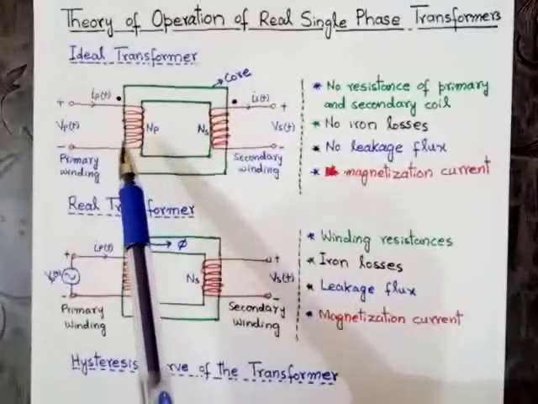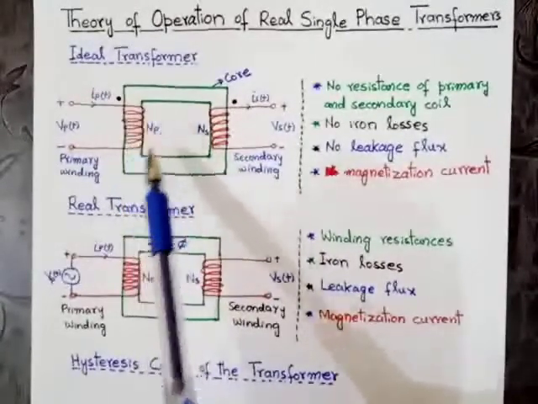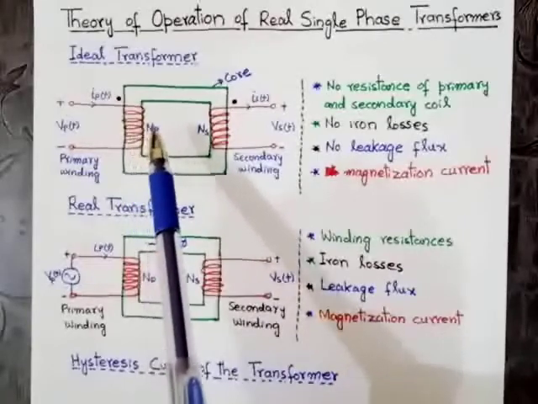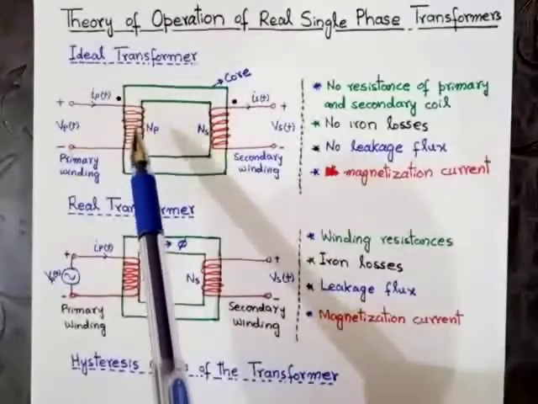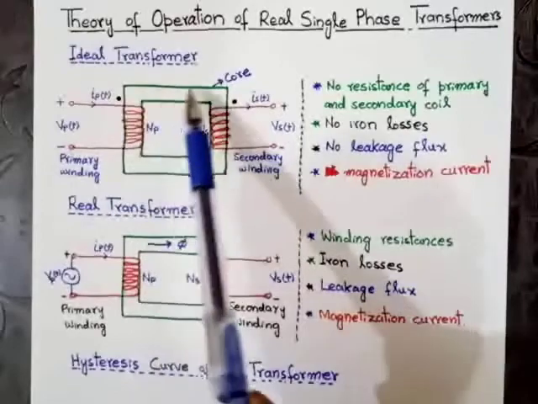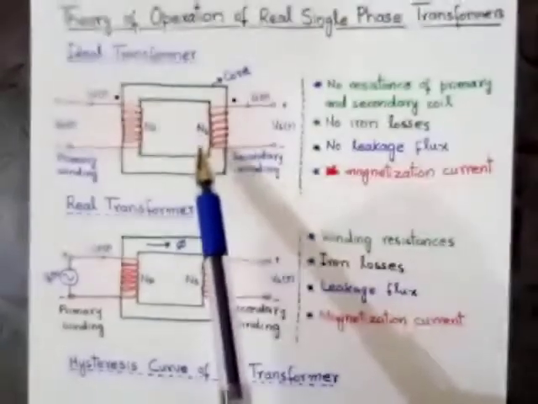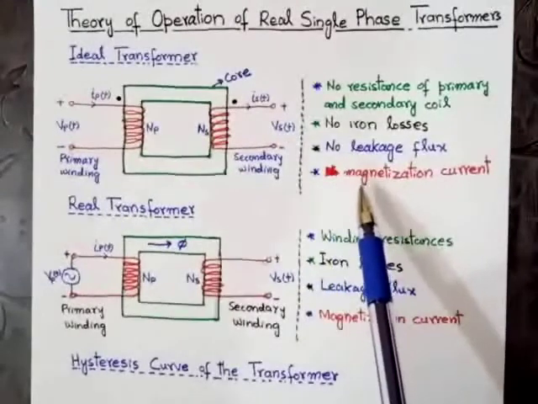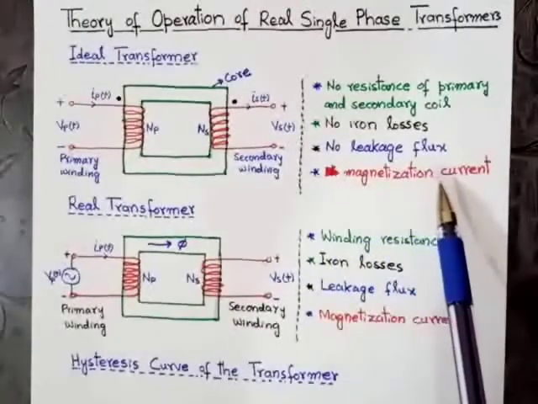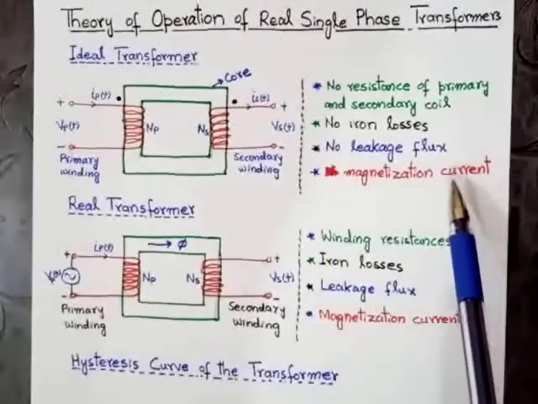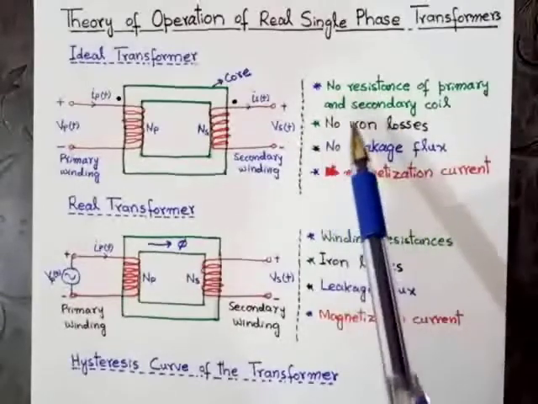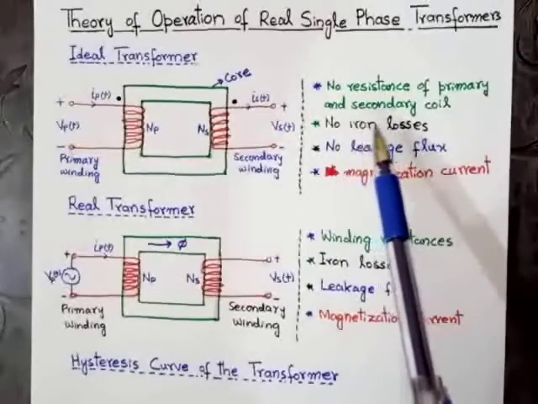No flux will flow outside the core. And also, a very small amount of magnetization current is required. So these are the characteristics of an ideal transformer.